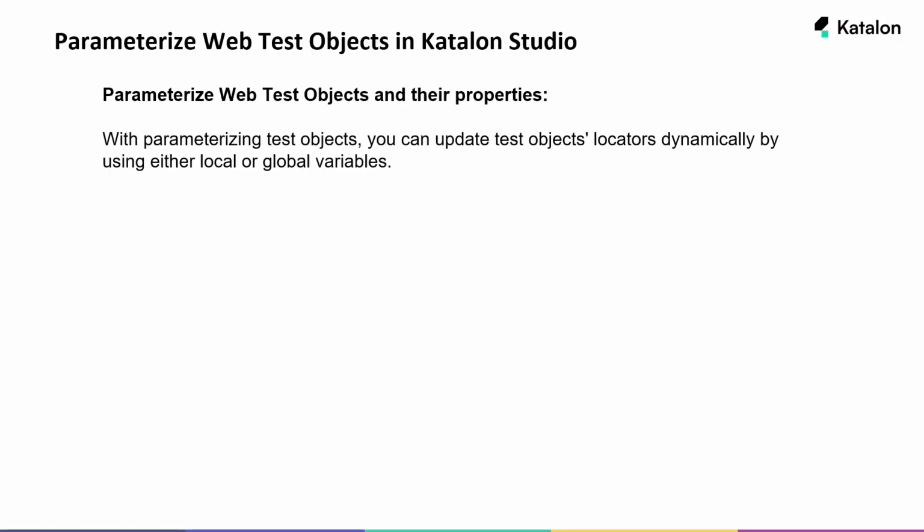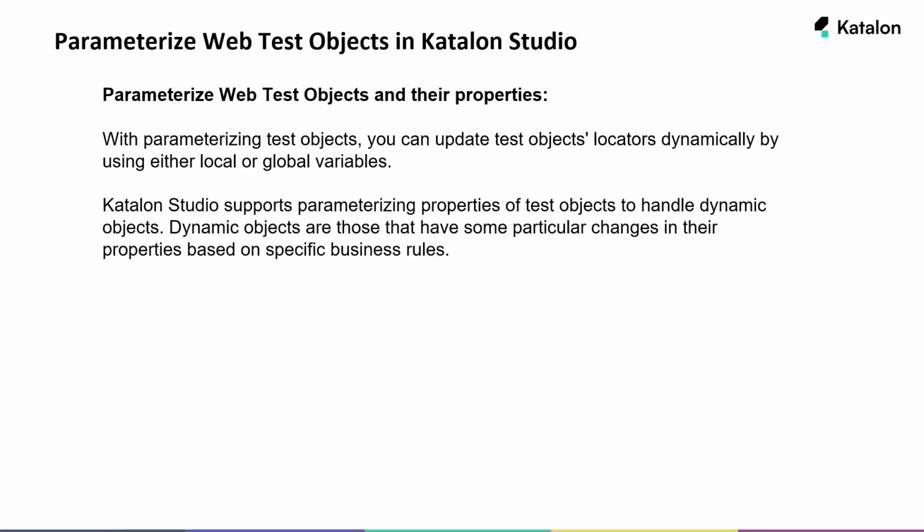So with parameterizing test objects, you can update test object locators dynamically by using either local variables or global variables. So first, let me cover local variables.